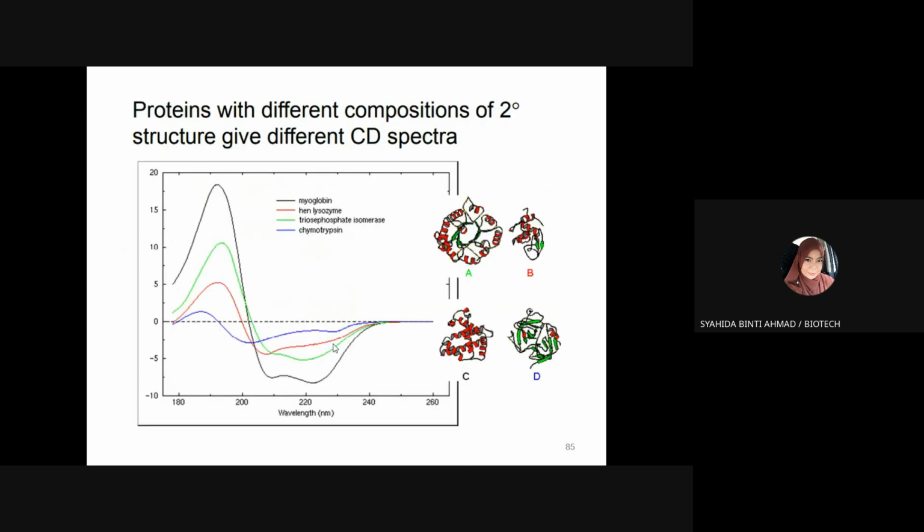And you can also see the structure of the different proteins. For example, here A is triosephosphate isomerase, right? Based on the spectrum, different proteins may have different spectra. So from the CD spectra, you will know there are at least 4 different proteins present. Okay?